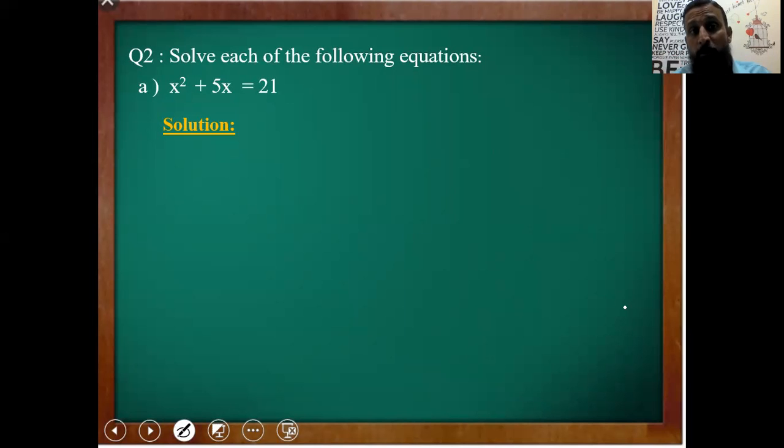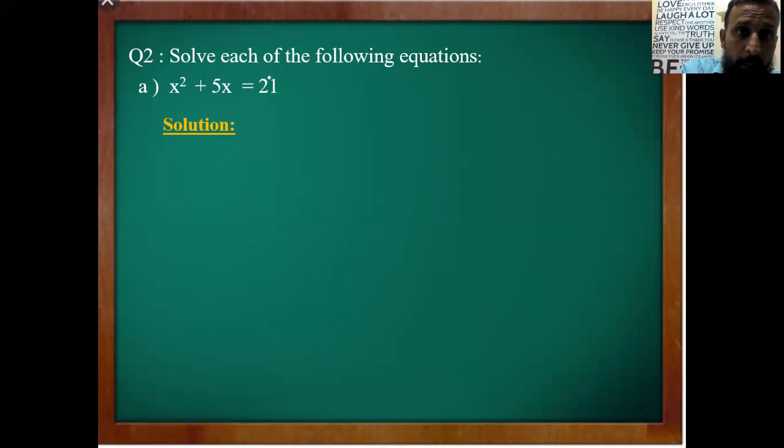So this 21 is a troubling number in this equation. We need to shift it to the other side. So let's shift this 21 to this side. So x squared plus 5x minus 21 equals 0. That's what I said.